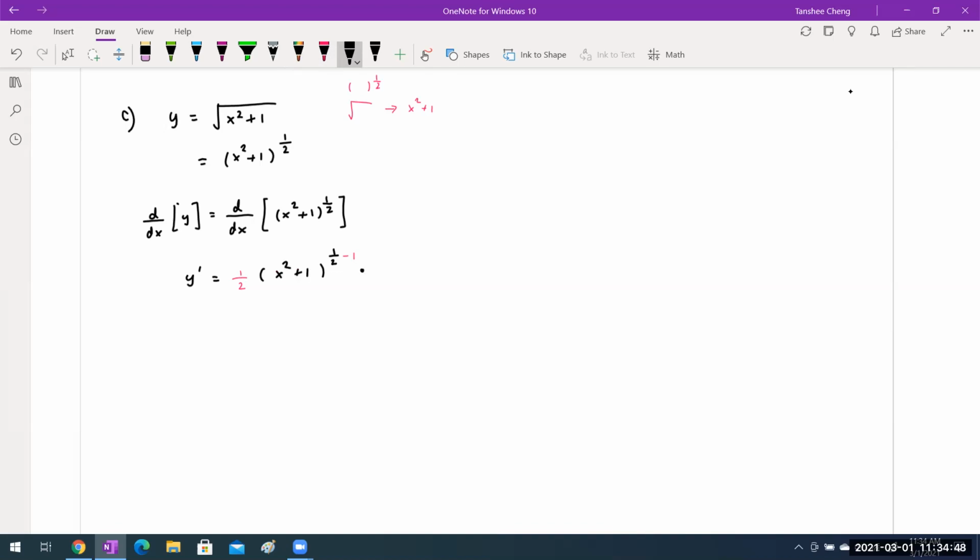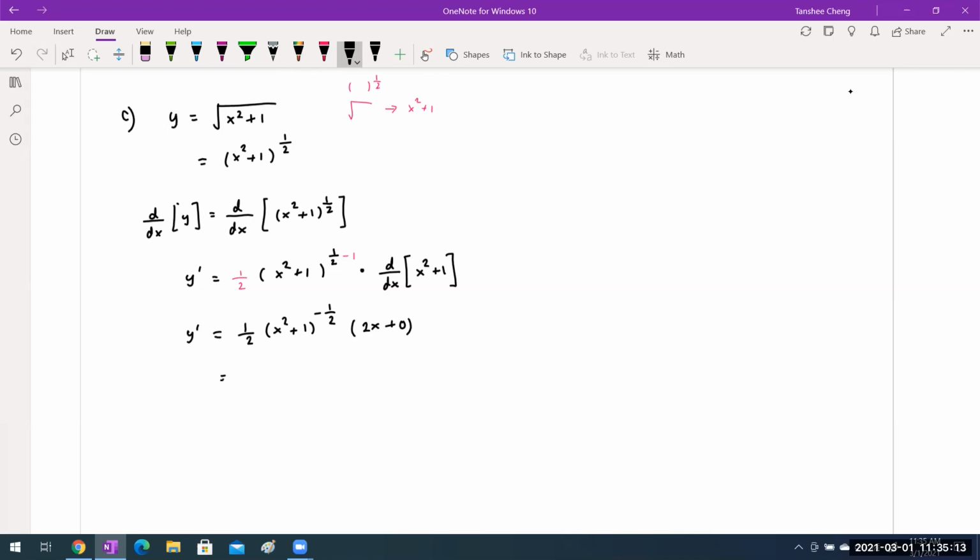And then times the derivative with respect to x of the inner function, which is x squared plus 1. So this will give us y prime is equal to 1/2 x squared plus 1 to the negative 1/2 power times the derivative of the inner function, which is going to be 2x plus 0.